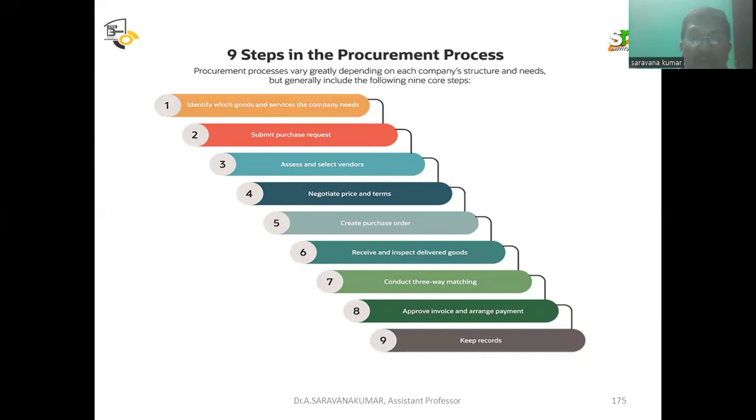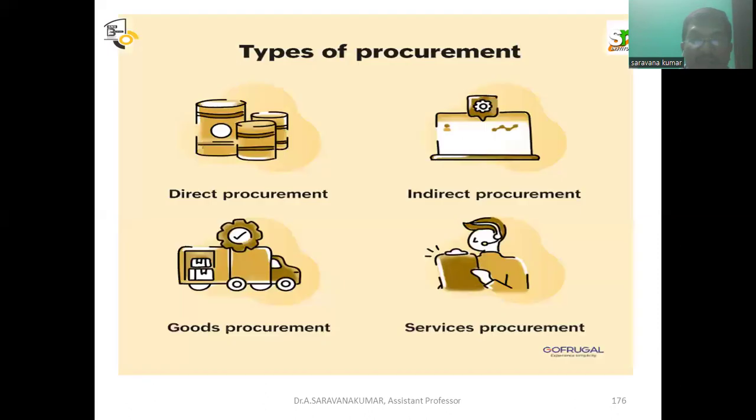Then negotiate price and terms, create a purchase order, receive and inspect delivered goods, conduct three-way matching, approve the invoice and arrange payment, and keep records. These are the nine steps of the procurement process. You have to record the receipt and the transaction.